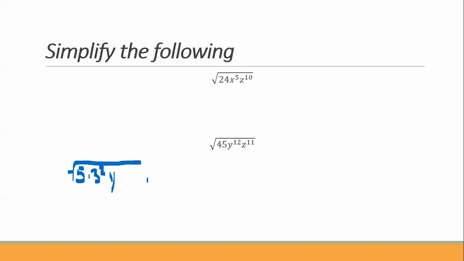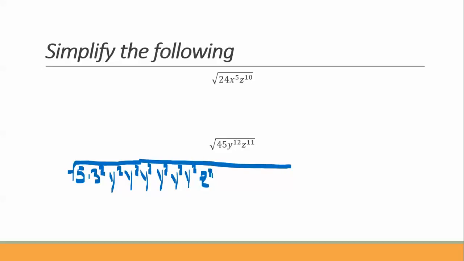This is a square root, so we need perfect squares, so that's y squared, y squared, y squared, 2, 4, 6, 8, 10, 12, and then z to the 11th, 2, 4, 6, 8, 10, 11.